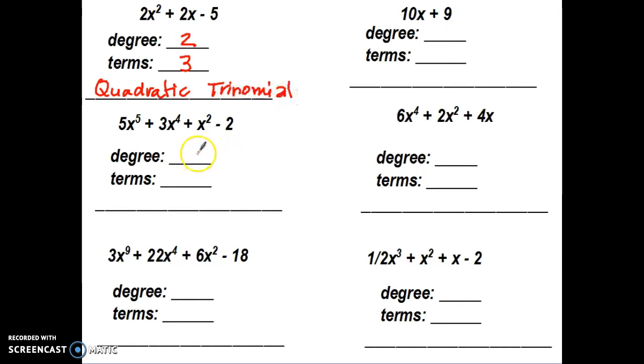Beautiful, right? All right, so how many degrees are here? There's 1 degree, and then there are 2 terms.